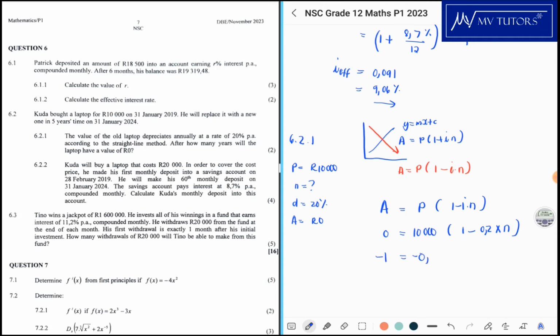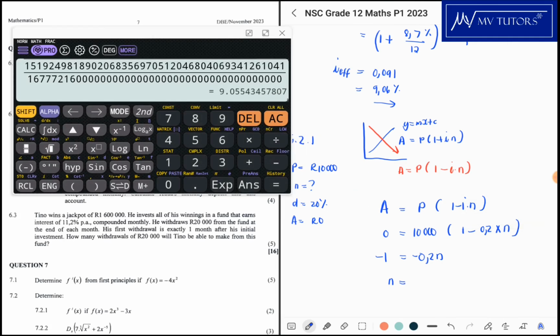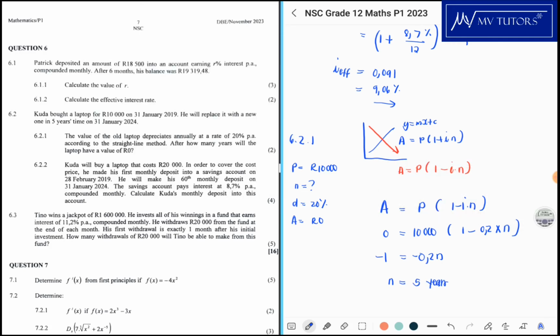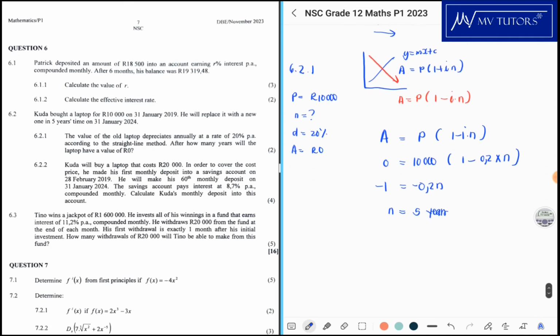And we have negative 0,2n. So basically n would just be negative 1 divided by negative 0,2. And then we get 5. Okay, 5 years. So basically it takes 5 years to depreciate to a value of 0 Rand. I don't think anything can really depreciate to 0 Rand, but anyway, it is what it is. That's what we're calculating over here.